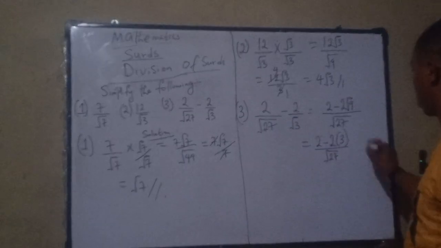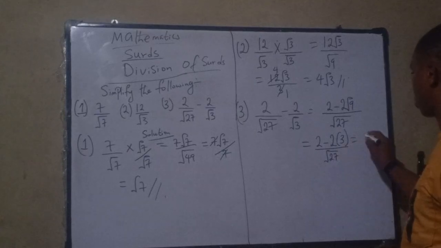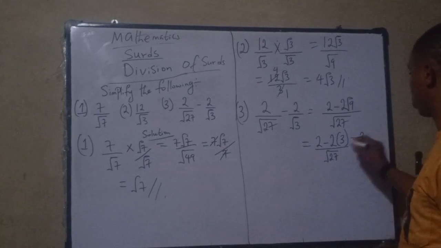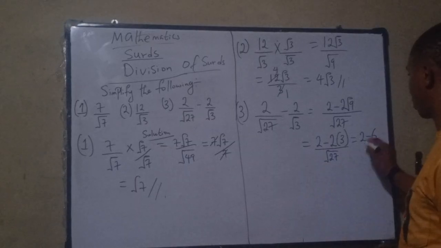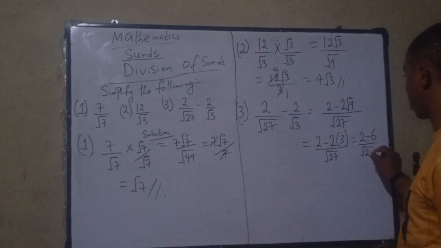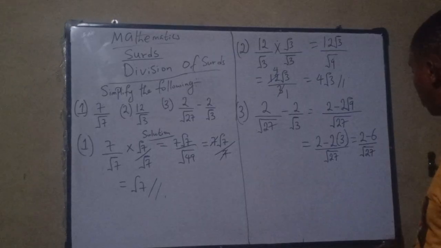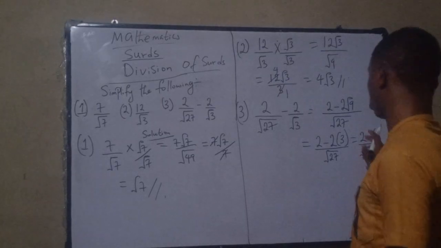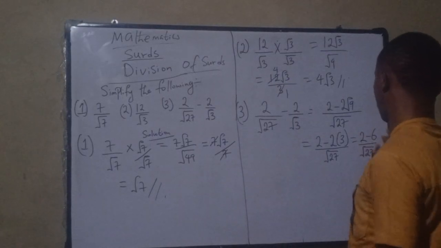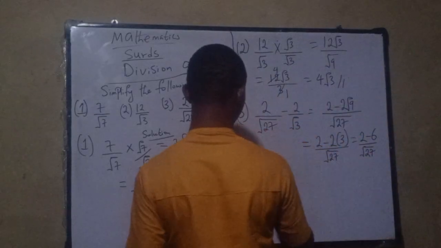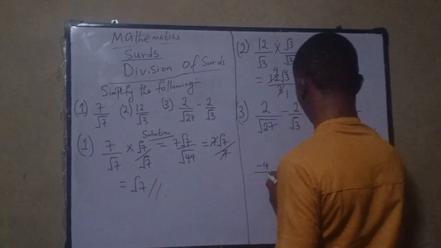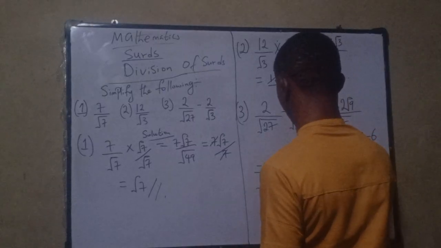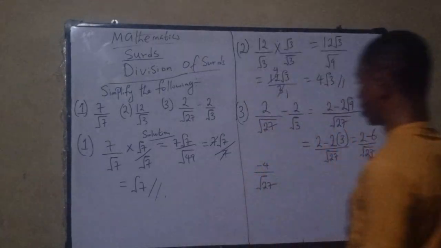So this is equal to 2 minus 2 times 3, which gives you 6, all over root 27. So 2 minus 6 will give us minus 4 all over root 27.